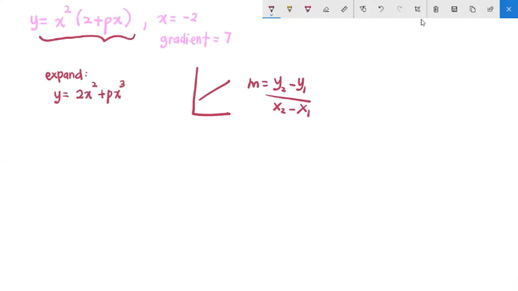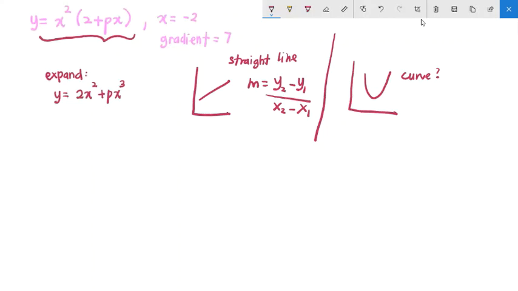Okay, this is for straight line. If the equation given is curve, so must do dy over dx.